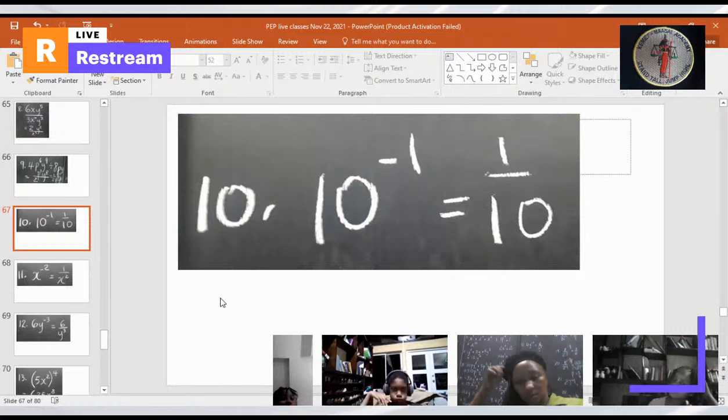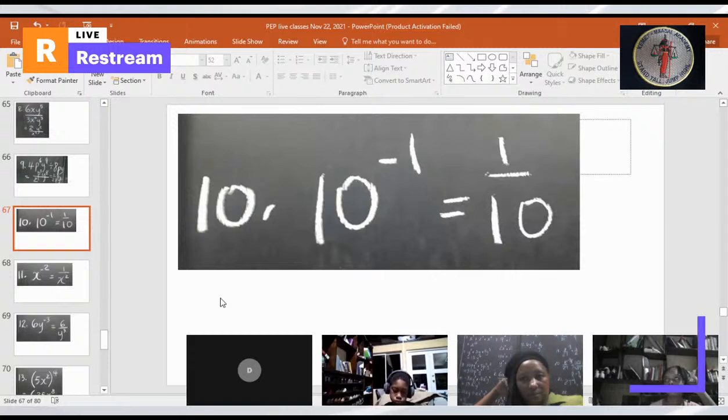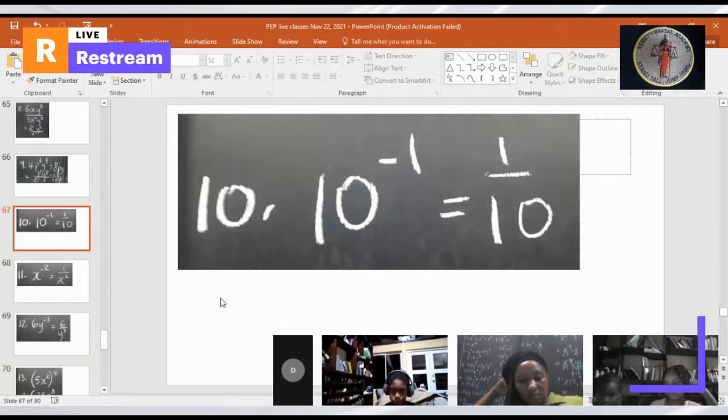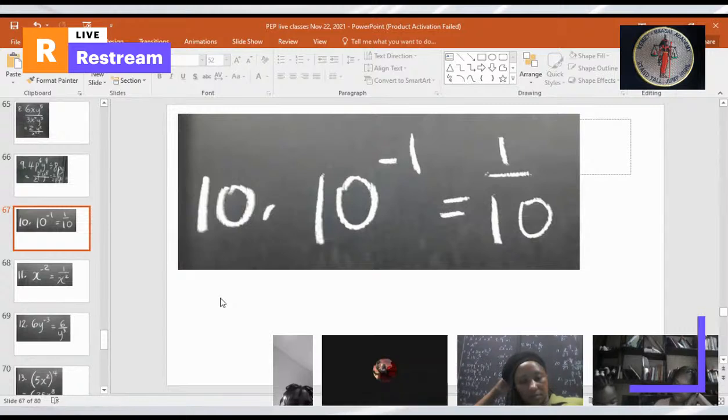10 to the negative 1 power equals 1 over 10. Speak up, Amari. Okay, it's 10 to the negative 1 power equals 1 over 10. How did we come by that? You said 10 to the first power equals 10.